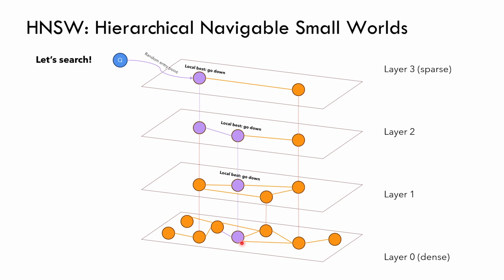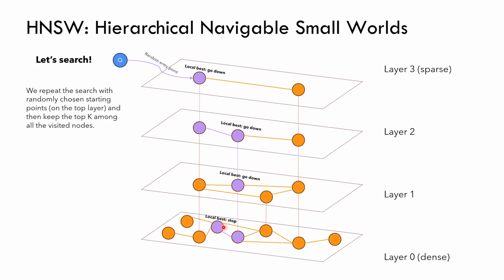And we move to the one that is best in case there is one, and then we stop as soon as we find a local best, so the one node that is not worse than all of its friends. We repeat this search just like before by using randomly selected entry points. We take all these vectors that we have visited, we sort, we keep the top k best matching based on the similarity score that we are using or the distance function that we are using.